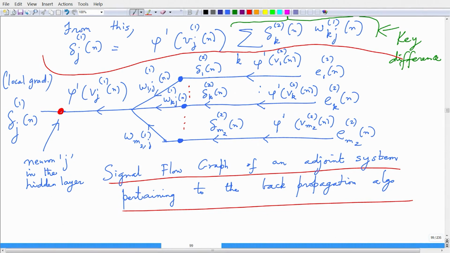These are scaled by the local gradients delta 1 to delta m suffix 2, and then we scale them by the synaptic weights that are connecting the jth neuron in the hidden layer to all these scaled local gradients through the synaptic weights, right, and that is how we can compute the local gradient at neuron j in the hidden layer.